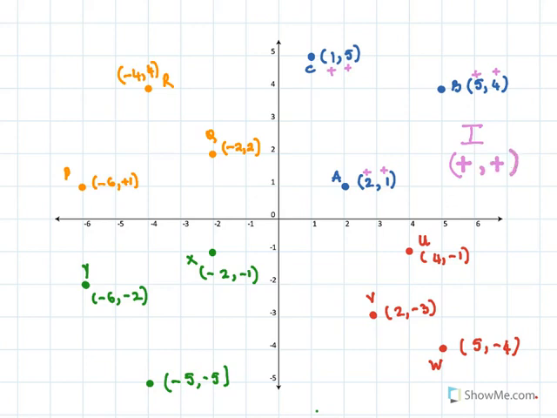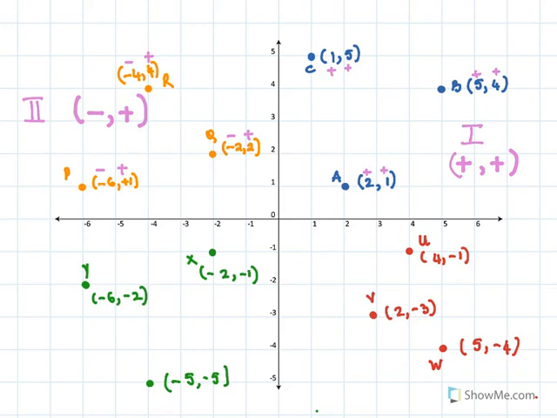Let's get on to the second quadrant. In the second quadrant, we see for P, negative, positive. Q, negative, positive. Here also R, negative, positive. So for the second quadrant, all the points will have (negative, positive).